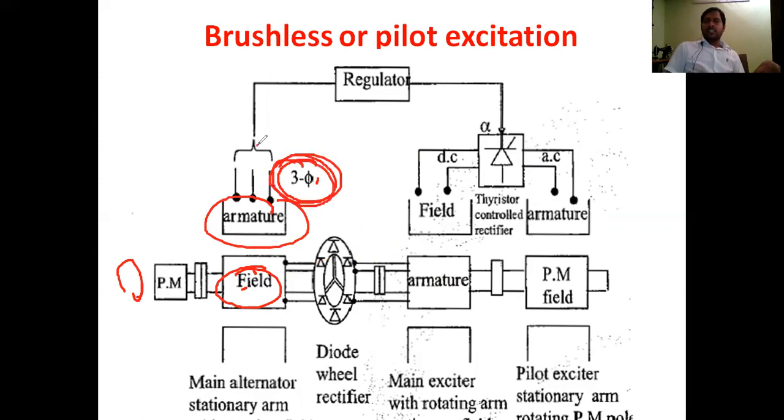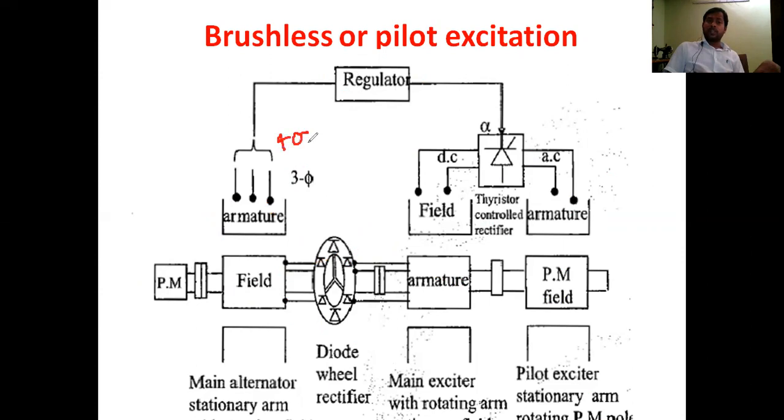So that it will regulate by using the output voltage. For example, if your output voltage is 400 volts, it is compared with the thyristor controlled rectifier. For example, here it is producing 380 volts, here it is 400 volts.